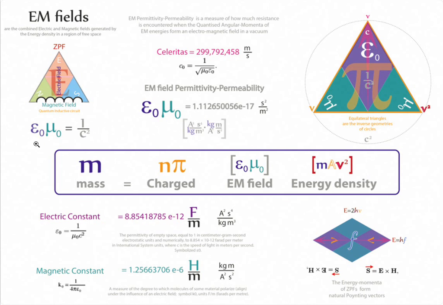However, in this case, permittivity by permeability gives us 1 over c squared, so we show in this case that this pi charge geometry of an electromagnetic field, or electromagnetic mass energies, is the inverse of c squared. And again, Maxwell calculated this out when he combined Gauss's and Faraday's laws of electric and magnetic fields.